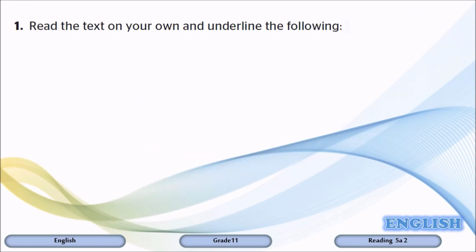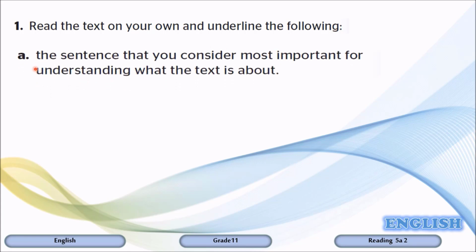Okay, now let's discuss. Read the text on your own and underline the following. Did you underline? Good. The first statement: find the sentence that you consider the most important for understanding what the text is about. There is one sentence that summarizes the whole text.